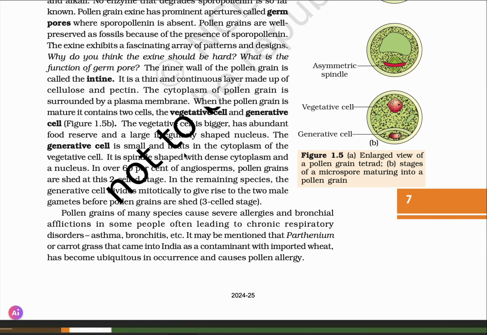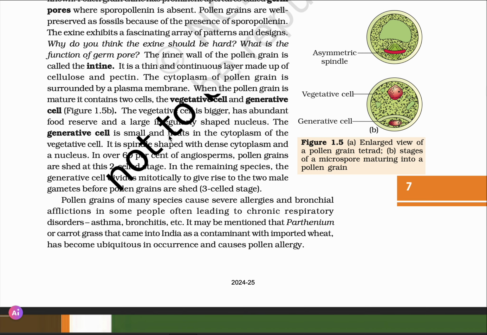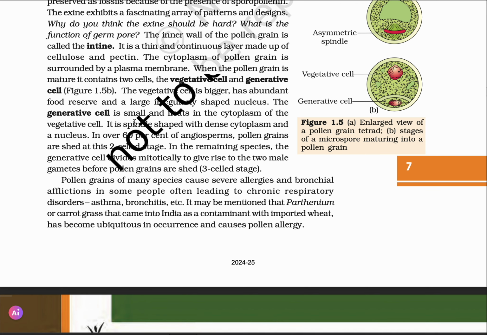The generative cell is generally small and floats in the cytoplasm, inside the cytoplasm of the vegetative cell. It is spindle shaped with dense cytoplasm and a nucleus.